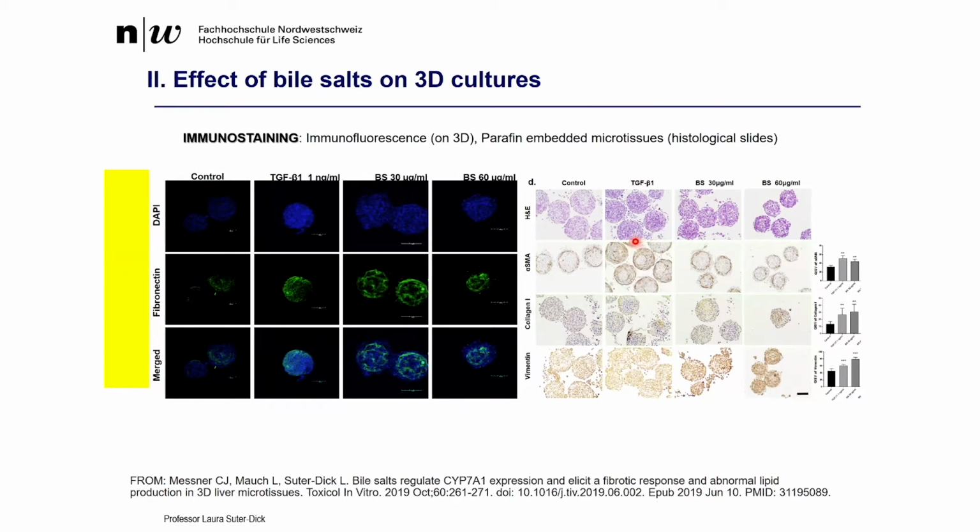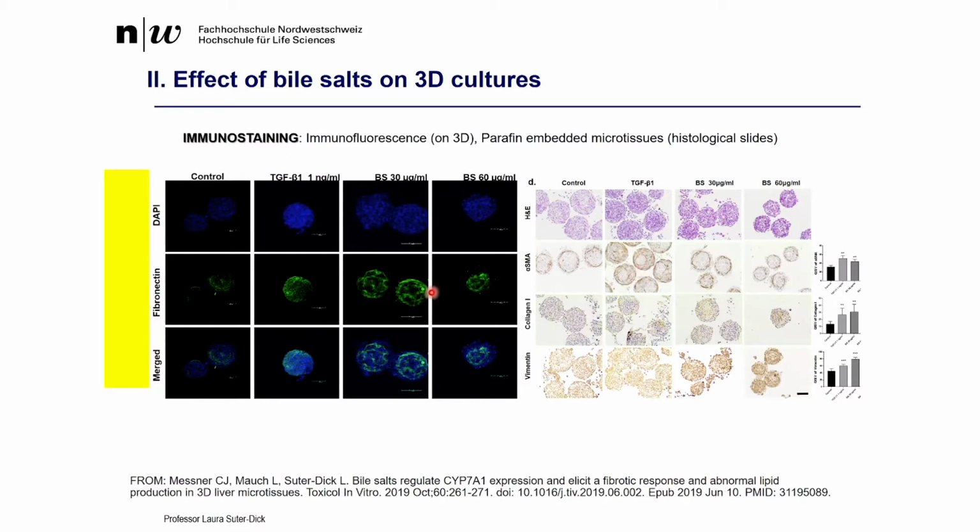We can also fix these microtissues, cut them, and make histology slides. And you can see this is just a slice, a thin, flat slice, a cut through the middle of this microtissue. And we can also assess the expression, for example, of collagen or alpha SMA or specific markers that we are interested in. We can quantify the amount of stained marked proteins there.